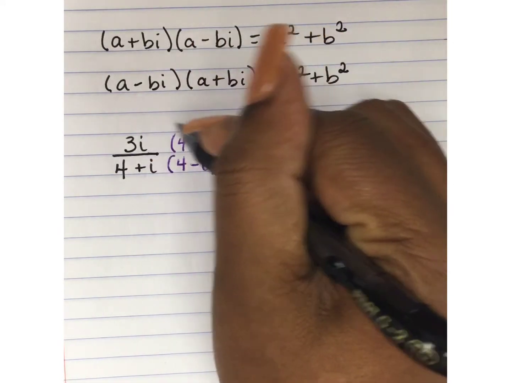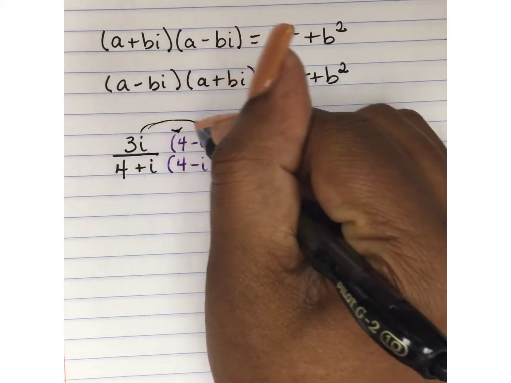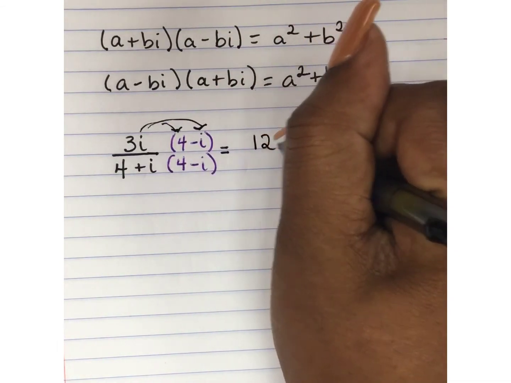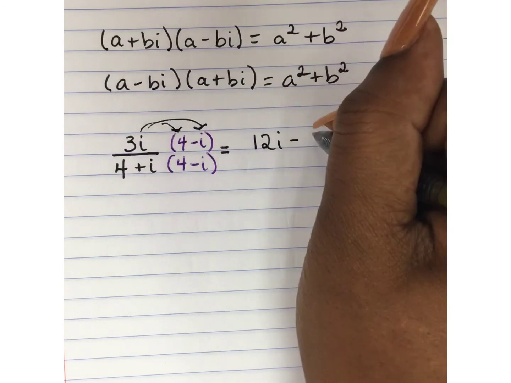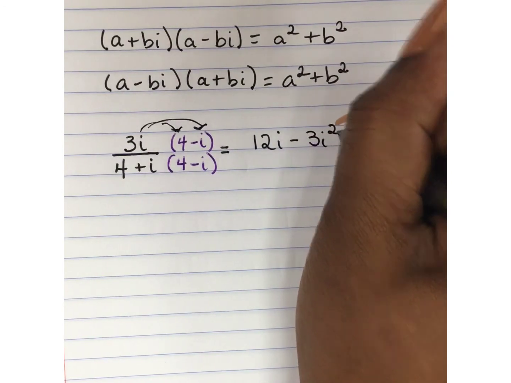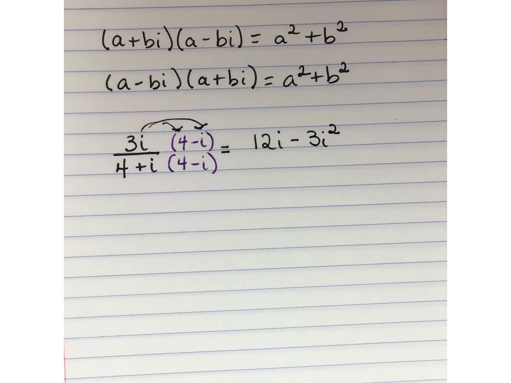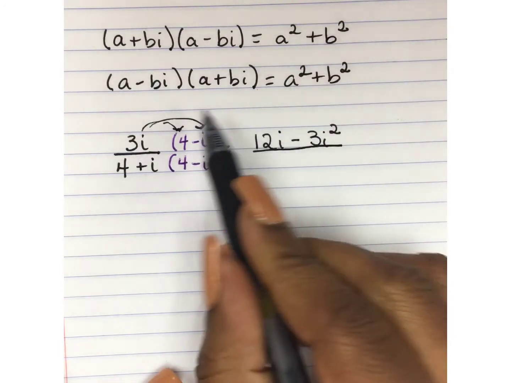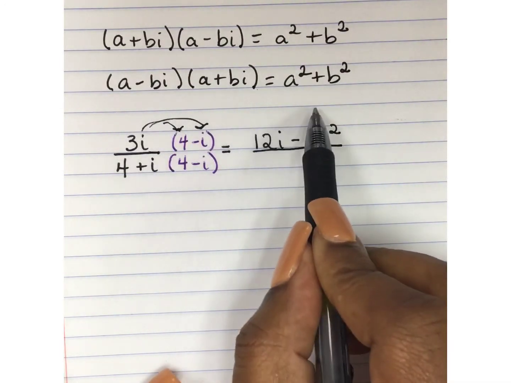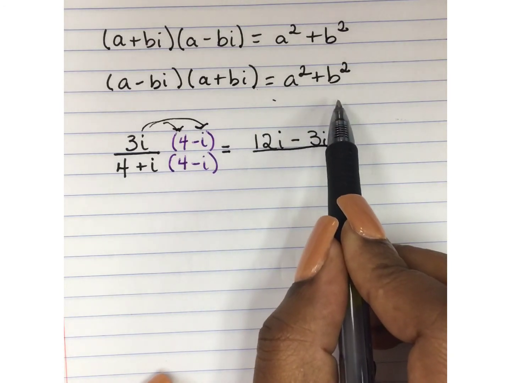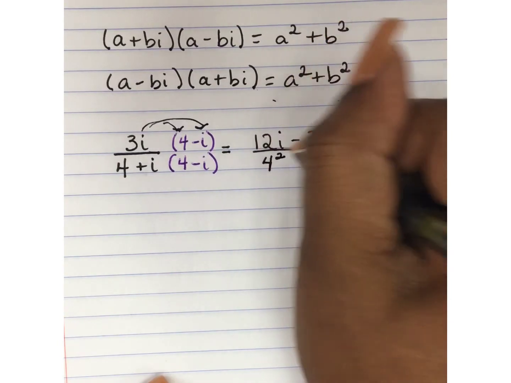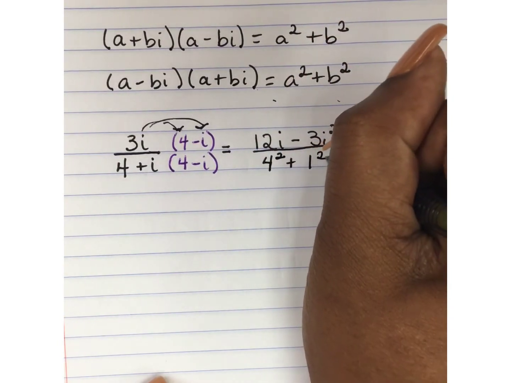And when I distribute 3i inside the parentheses, we get 12i minus 3i squared. And if we go by definition, we square a and we square b, and we get 4 squared plus 1 squared.